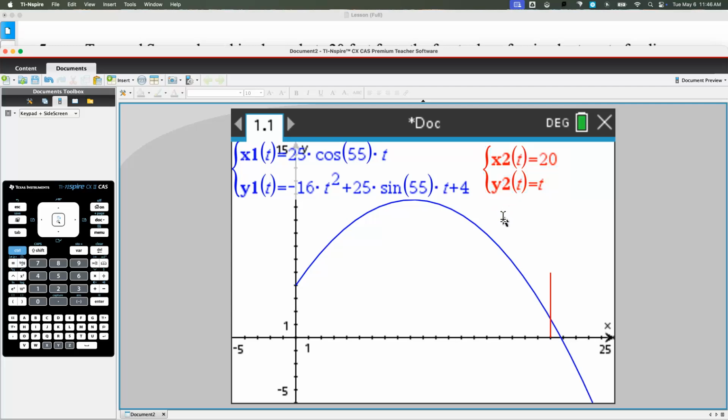Now I've got to put the back side of the ring. How far away from her is the back side of her ring?